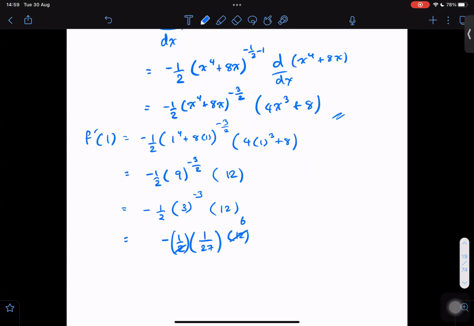This thing is just the calculation. If you cannot follow in here, you can try to do it yourself again. So it becomes minus 2 over 9.